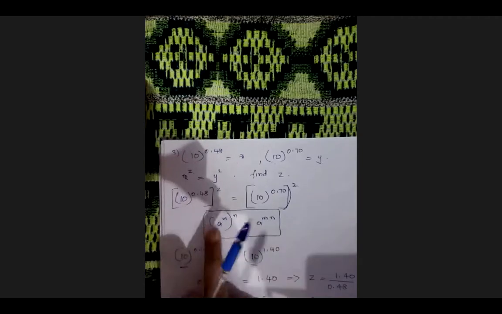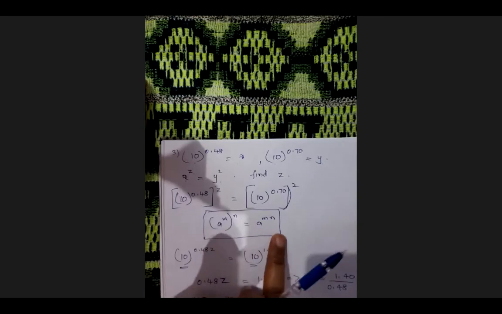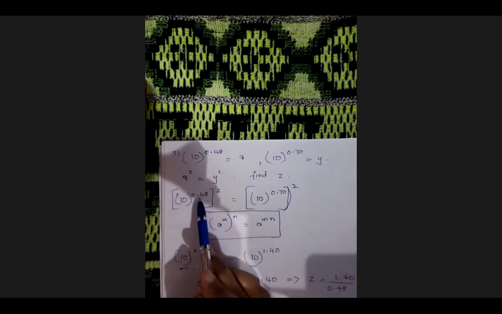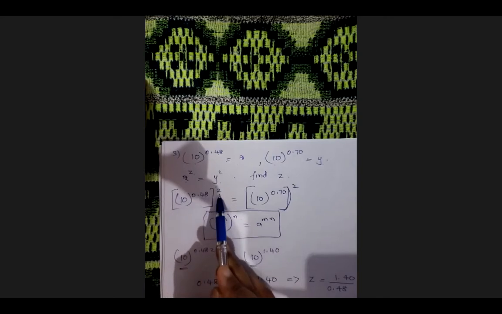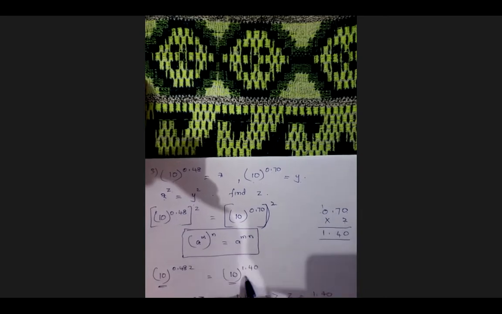So here we are using this formula: a power m to the whole power n is equal to a power mn, multiplying that. That is 0.48 into z, that is 0.48z. Here 0.70 into 2, I directly wrote that, 1.40.